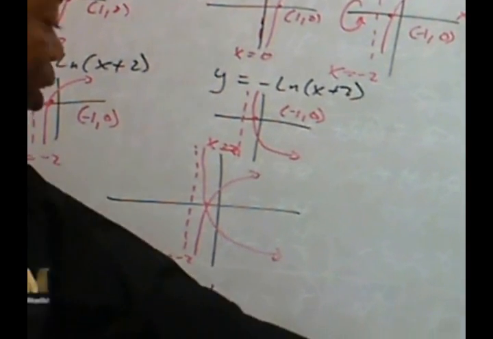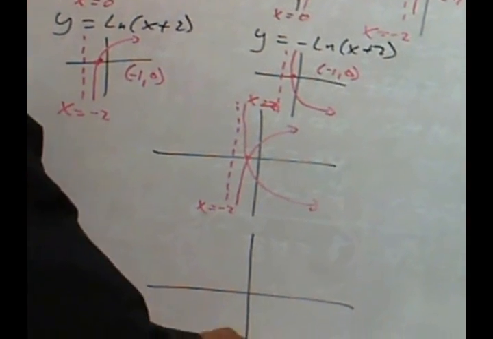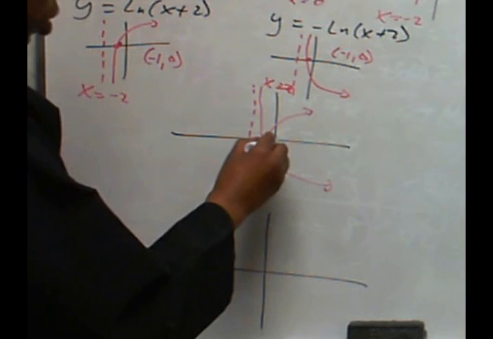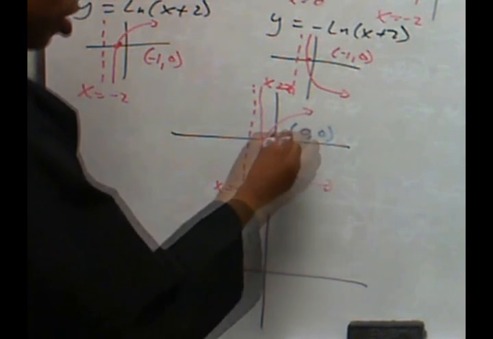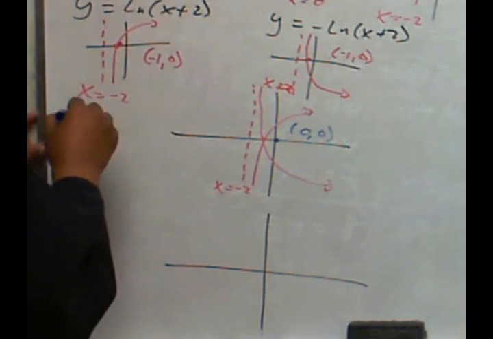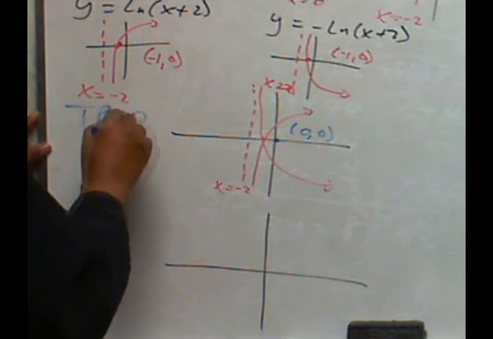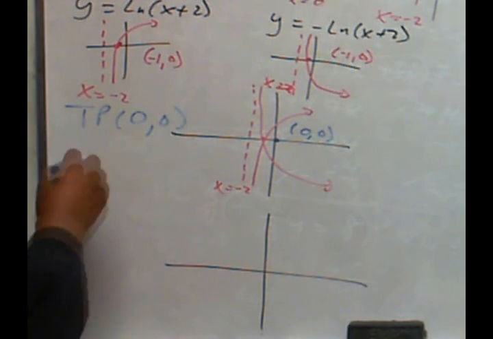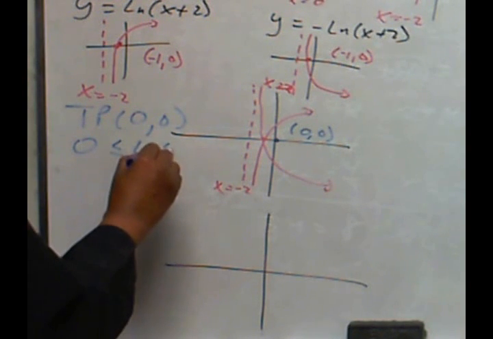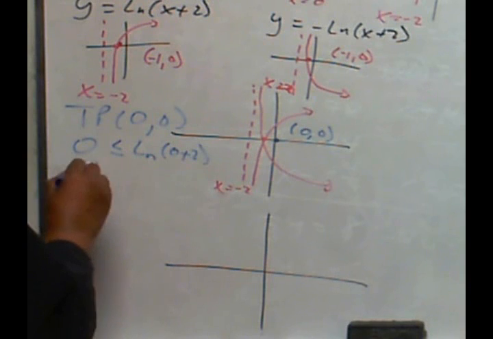Now, the last thing we want to look at is we want to find a point that's off these lines that we can test. The point (0, 0) is off both lines, so I can use that as a test point. So let's put in (0, 0) into this one, and we'll get 0 less than or equal to the natural log of 0 plus 2.